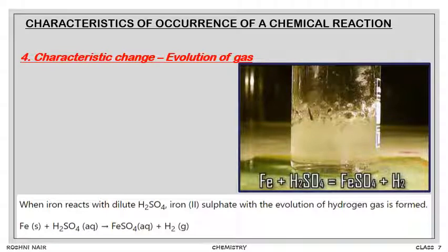Fe, iron reacts with SO4, again aqueous in nature, watery in nature. FeSO4 means iron sulfate, plus H2 or hydrogen, and what we had written in bracket, g or gas. You remember how we used to show with arrows? An arrow pointing upwards will be gas. So hydrogen gas is evolved.